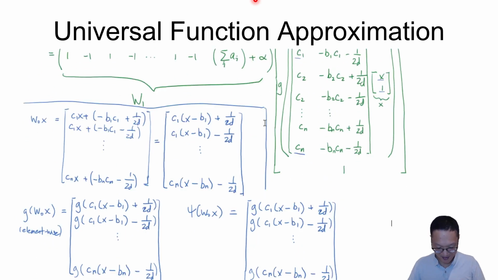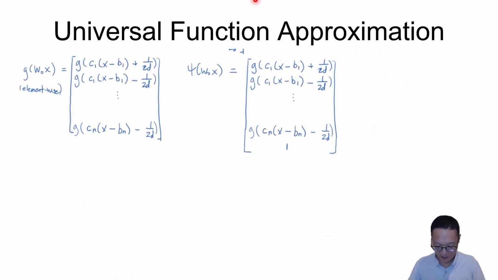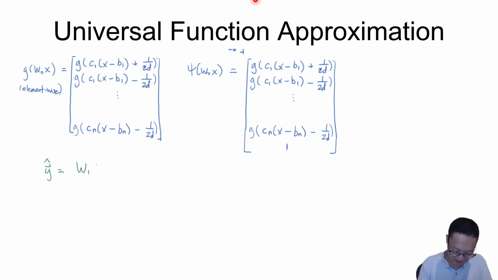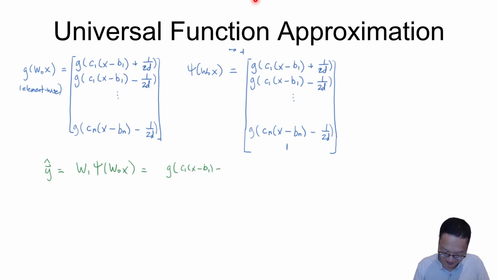So hopefully you can see the pattern. So let's finally write down what y hat is. Okay, so now back to y hat equals W1 times psi of W0x. And that's going to be equal to G of C1 x minus B1 plus 1 over 2D.